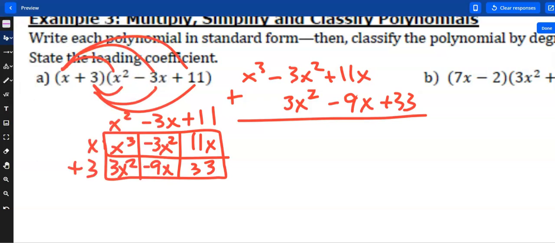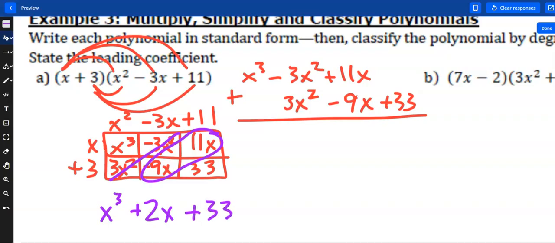Because in the box method, you're going to look at that and say, oh, those two cancel out. And these two, so you're going to have x cubed plus 2x plus 33. Well, here you see the exact same thing, x cubed plus 2x plus 33.